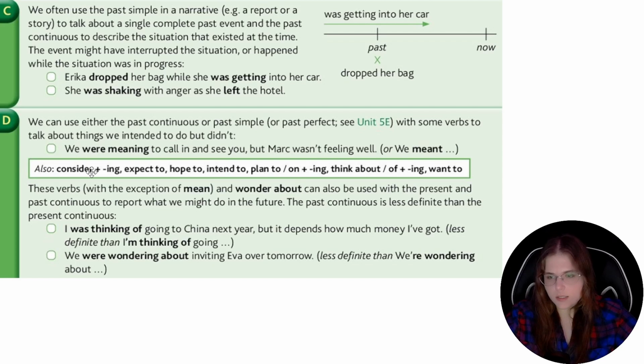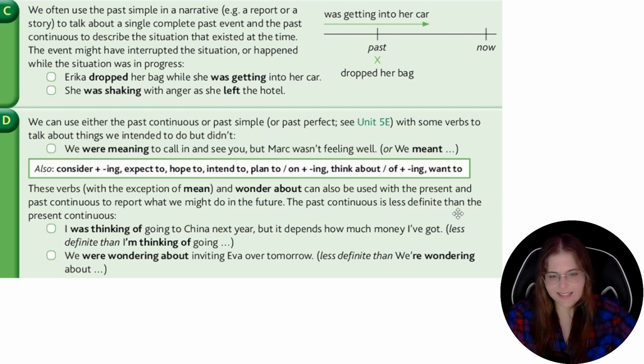Also, consider and ing, expect to, hope to, intend to, plan on and ing, think about, think of, ing, want to. These verbs, with the exception of mean and wonder about, can also be used with the present and past continuous to report what we might do in the future. Yes, in English we can use past tenses to express the future.